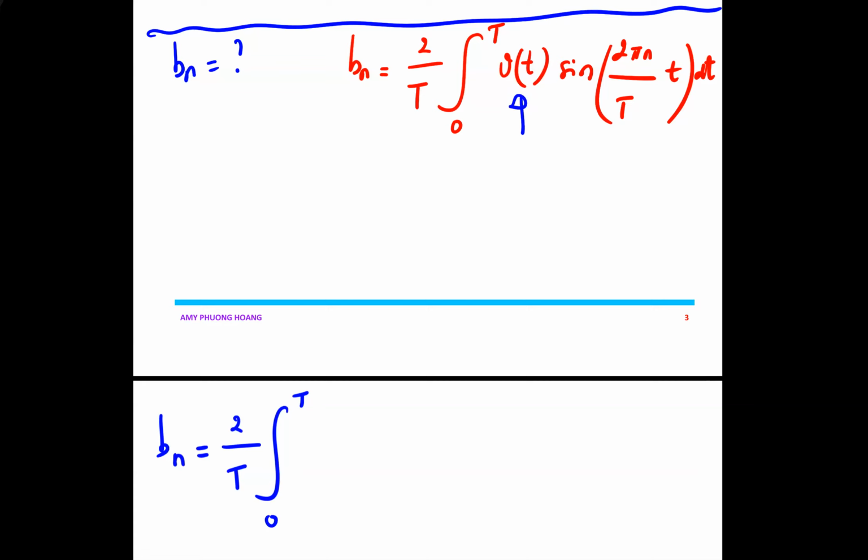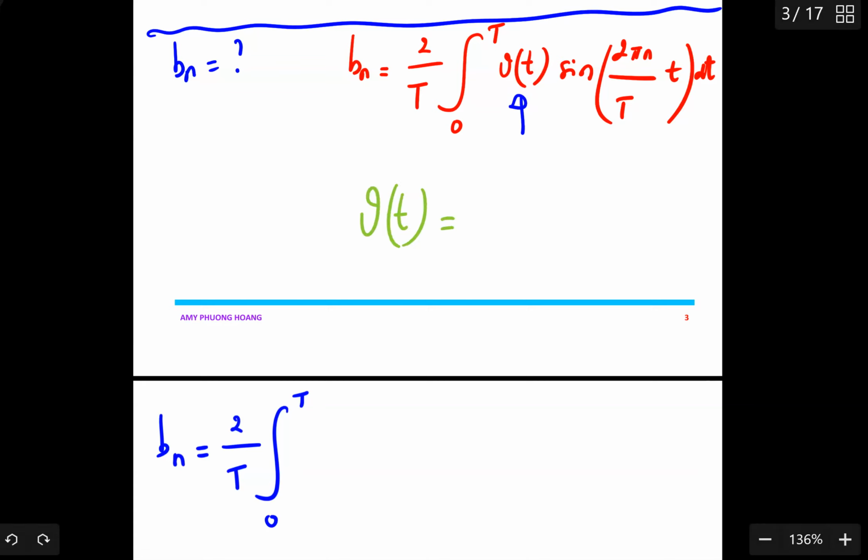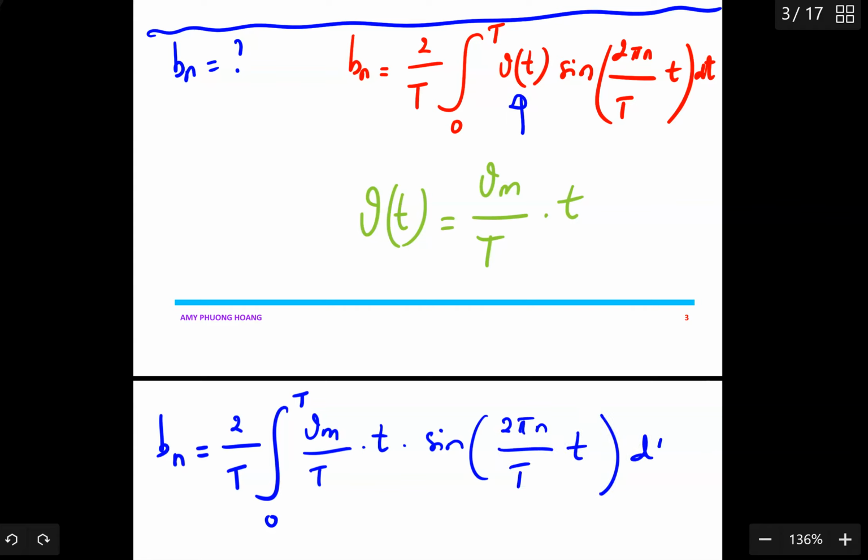My equation V(t), which I found equal to Vmax divided by T times t. So I put it in here, Vmax divided by T times t, and I still multiply it with sine of 2 pi n t over T, dt.